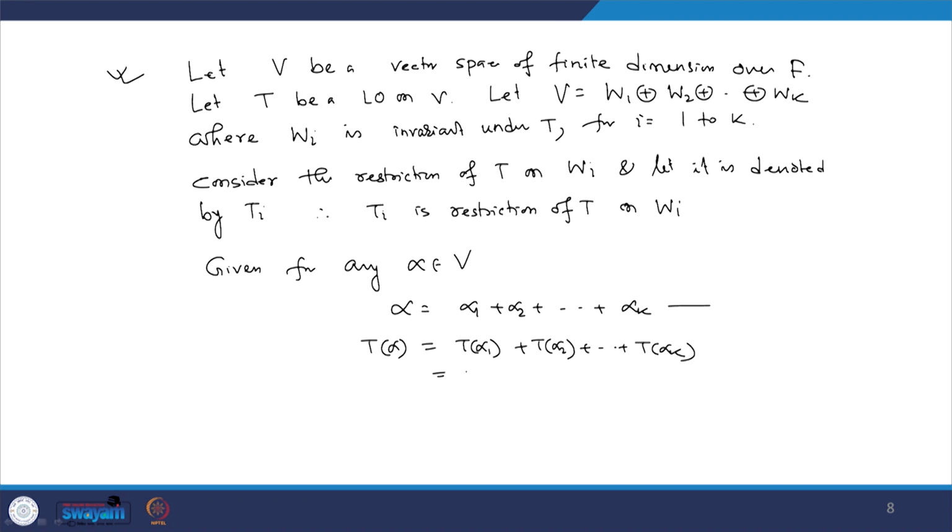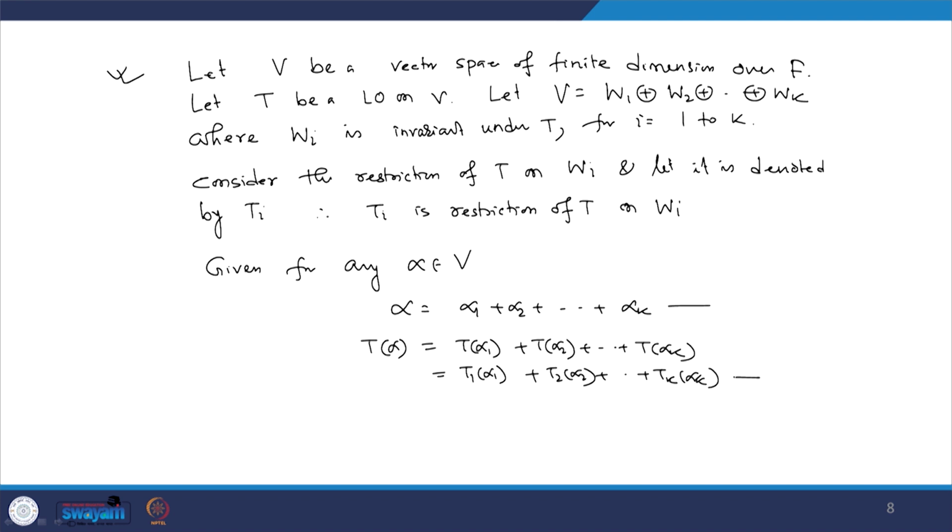So, here T of alpha 1 is the same as T 1 alpha 1, plus similarly T 2 alpha 2 plus T k alpha k. So, I can write the image of any element alpha under T as the sum of the images of the different components alpha 1, alpha 2, alpha k under the restrictions of T to W 1, W 2, W k. So, let us see in what way this will be useful.